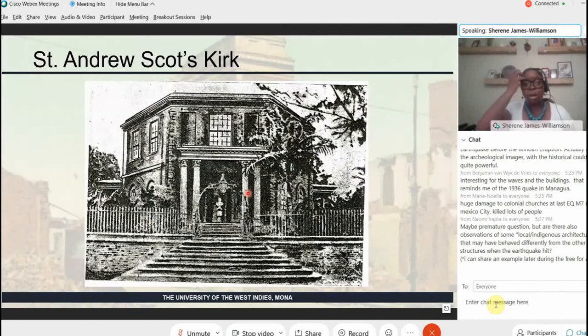This is St. Andrew Scots Kirk, and I have to point out that the shape of this structure provides stability, and it's one of the reasons it had relatively minimal damage compared to the other religious structures at the time of the earthquake. And I'm going to point out this side of the building and this portico.